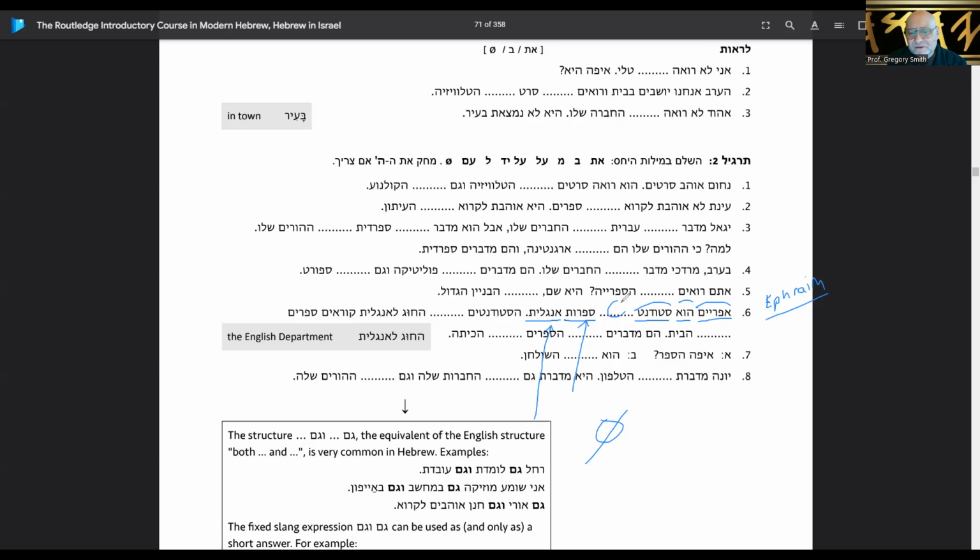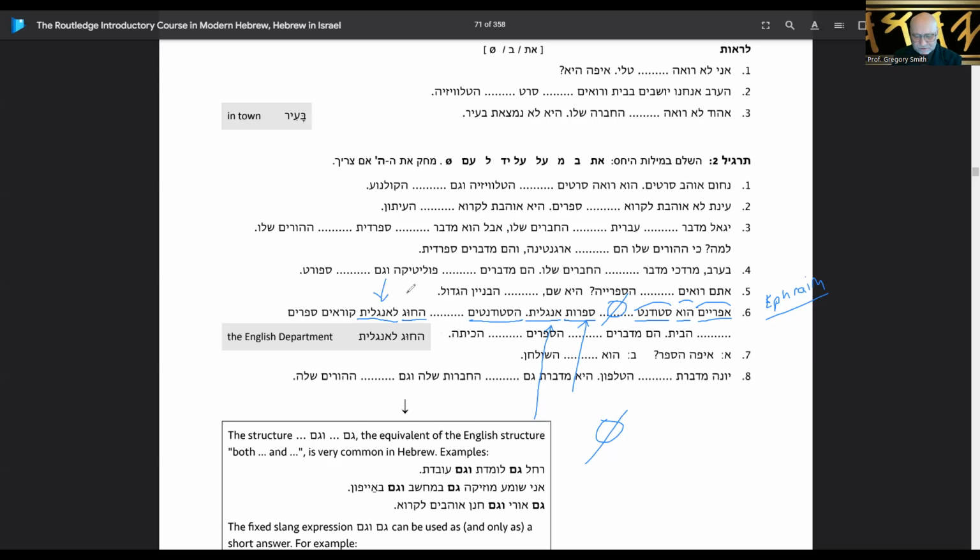So I'm wondering if it's just got one of those in there. So Ephraim who student, he's a student of Sefrut Anglit, English literature. Hastudentim, the students blank Hahug le'anglit.